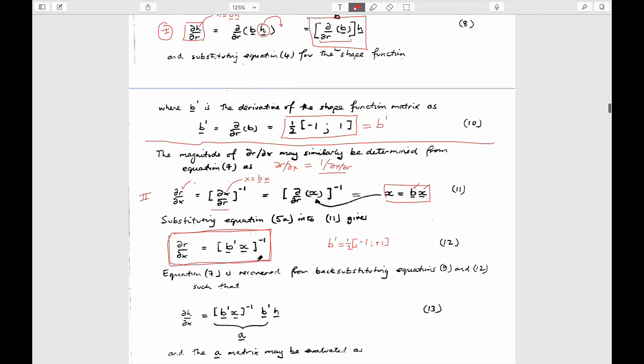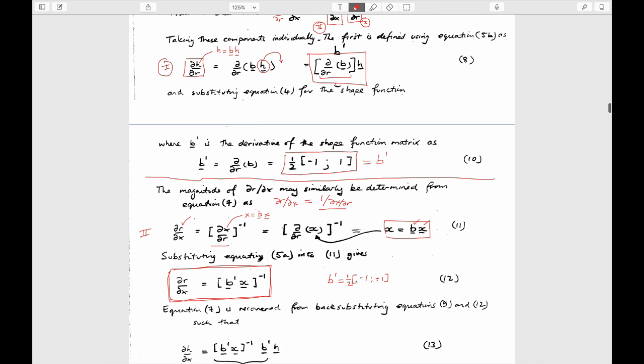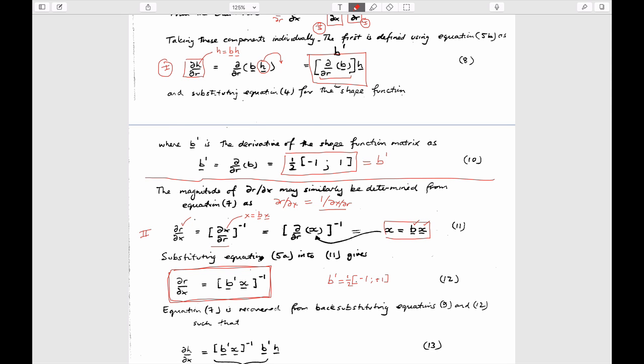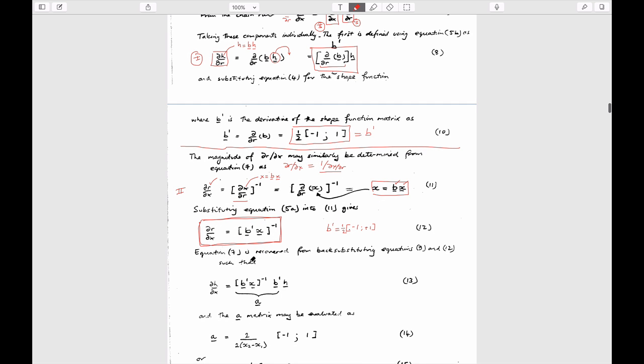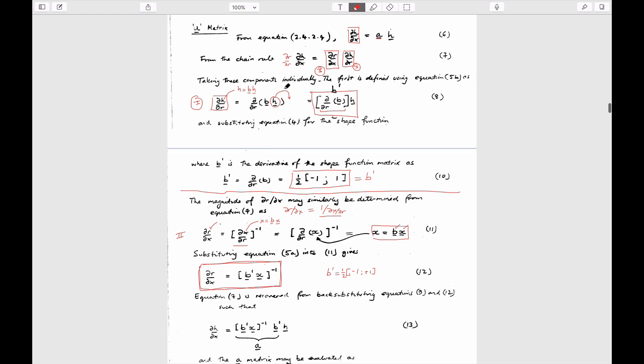In other words, if I put them both on the same thing, it gets too small, I think. So in other words, we want dr/dx, which is this term here.